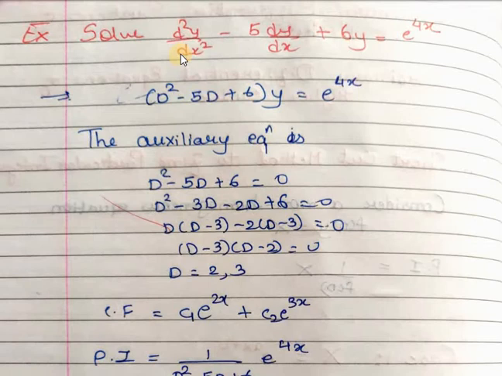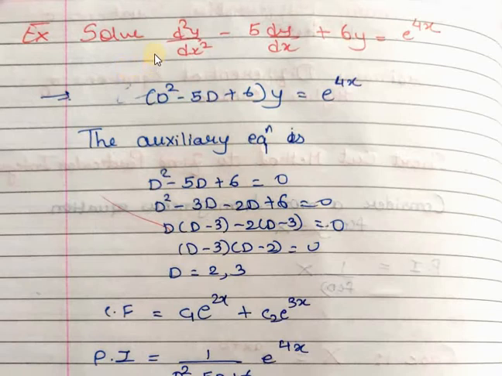So here d square divided by dx square can be written as capital D square. In the same way, d divided by dx can be written as capital D, because capital D is a differential operator which can be written as d by dx.